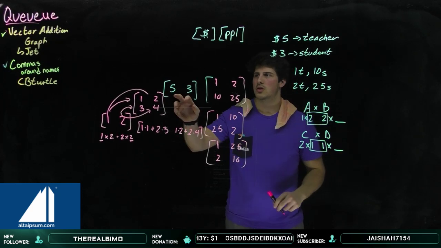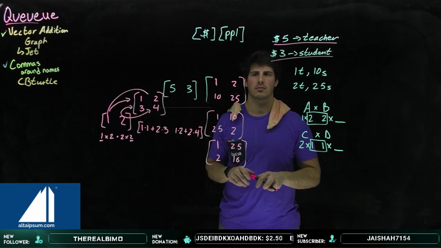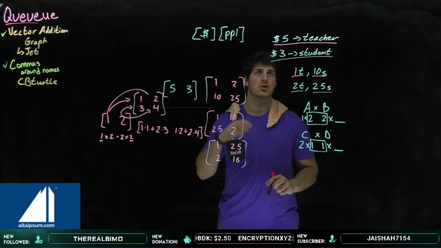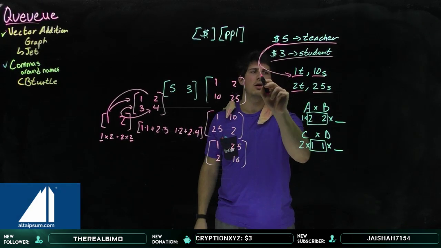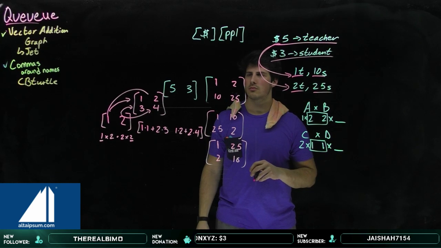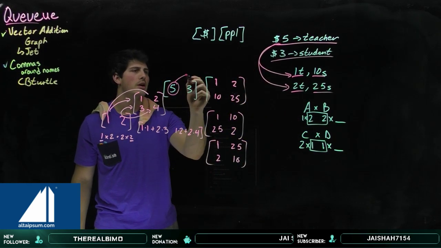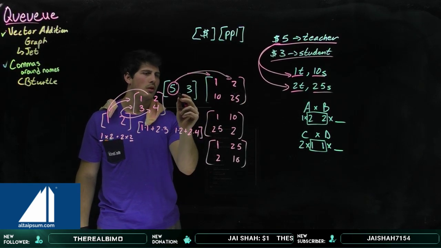So $5 we said goes to teachers and 3 goes to students. And we say we have 1 teacher and 10 students and 2 teachers and 5 students. So my 5 should eventually be multiplied by a 1 and by a 2. So the 5 is effectively going to be multiplied by the 2 top values. Right?